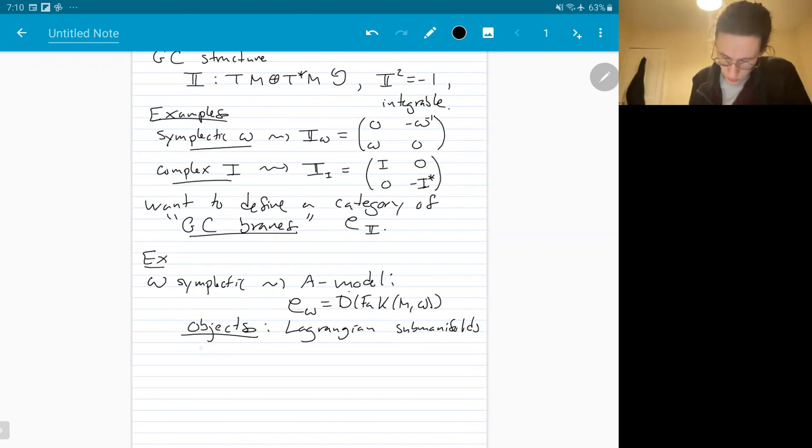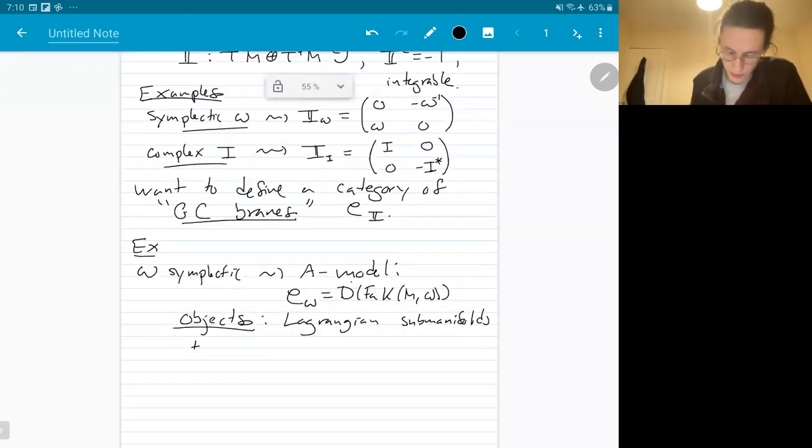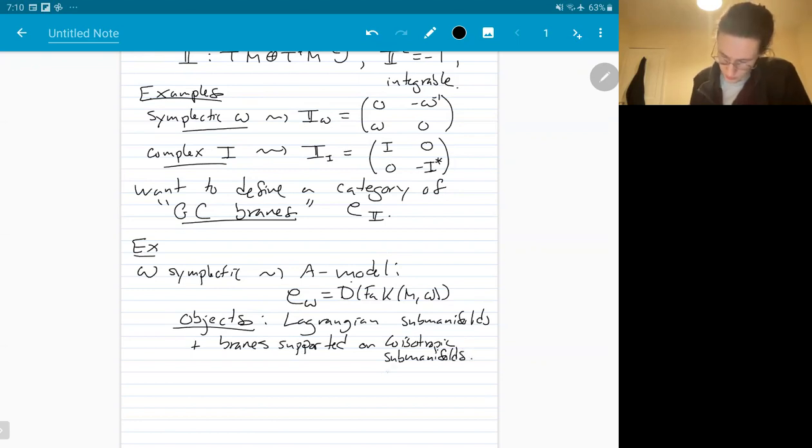And you also have these more general conjectural branes that were discovered by Kapustin and Orlov, supported on coisotropic submanifolds. Okay, so that's what we get in the symplectic case.